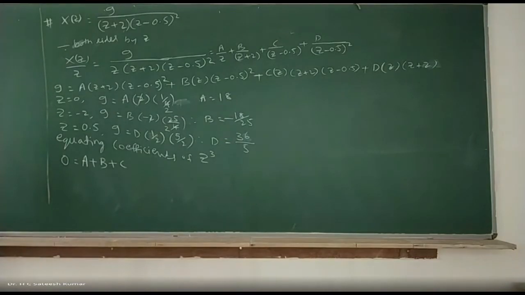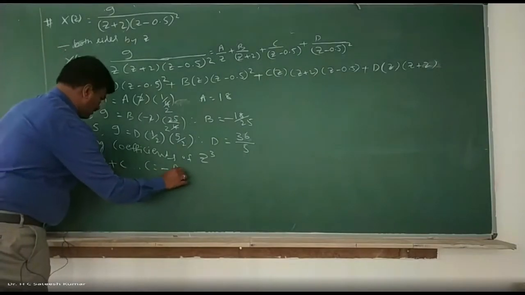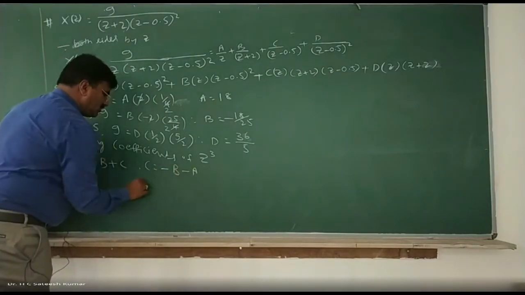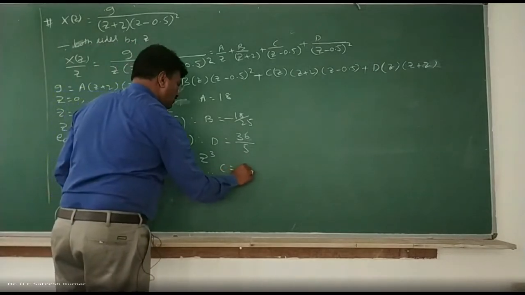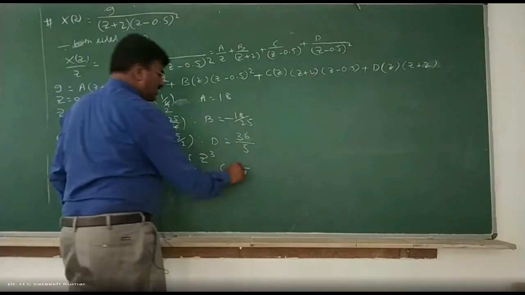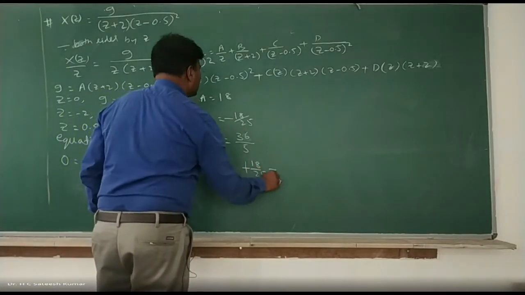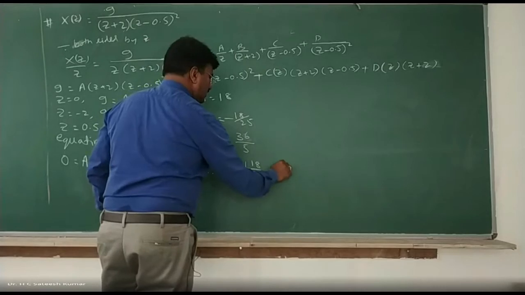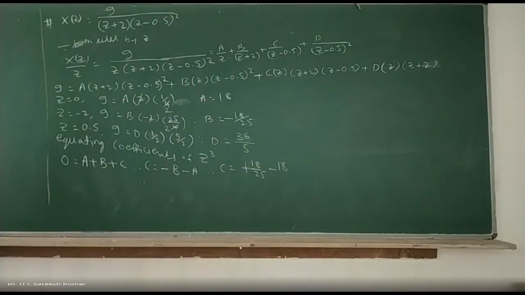So what do we need to find out? A, B, D is there, C we don't know. C we calculate. Therefore C is equal to minus B minus A. Therefore C is equal to minus of B, minus of minus is plus 18 by 25, minus A is what? 18. Minus 18 you will get it.